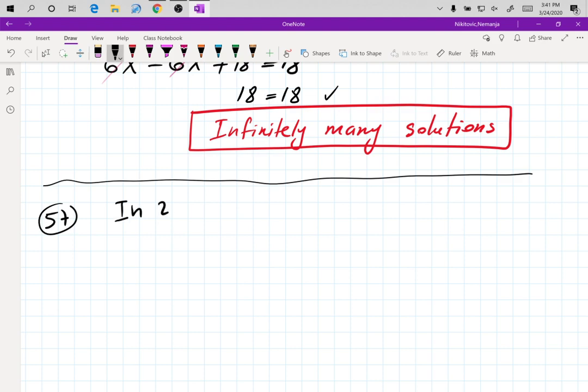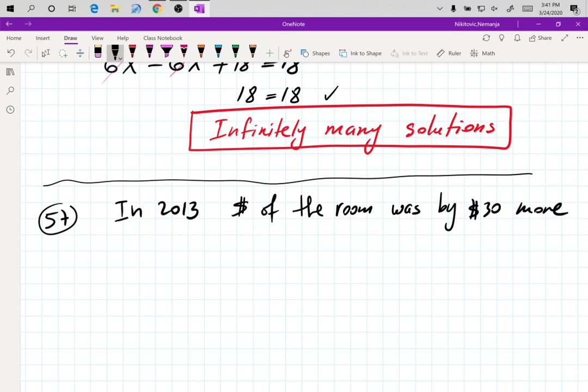So in 2013, the average room price for a hotel in Cancun, Mexico was 30 more than it was in 2012. So in 2013, the price of the room was 30 more than in 2012.